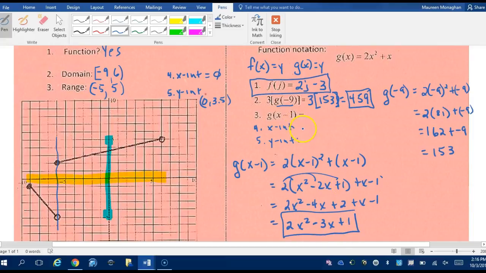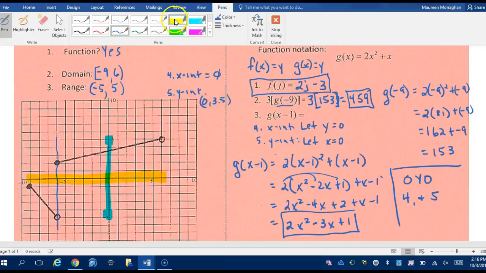The x-intercept for both of these is, let y equal 0. So you're going to replace the y with a 0. That's how you find your x-intercept. Your y-intercept is, let x equal 0. So I'm going to have you, on your own, I want you to do 4 and 5.